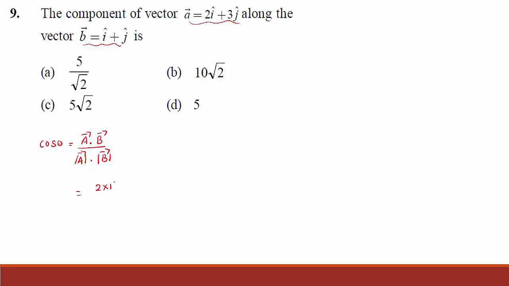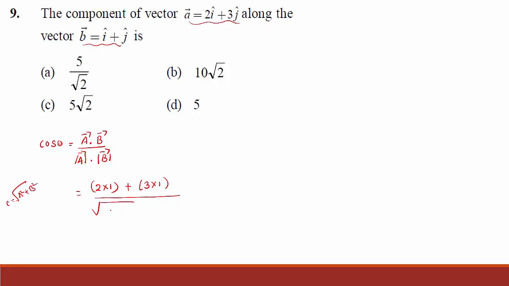2 into 1 plus, here it is 3j cap. I can write it as 3 into 1 divided by root of mod vector A. Mod vector A means here A square plus B square equal to C square. We can use resultant magnitude of vector A. That means C equal to root of A square plus B square.